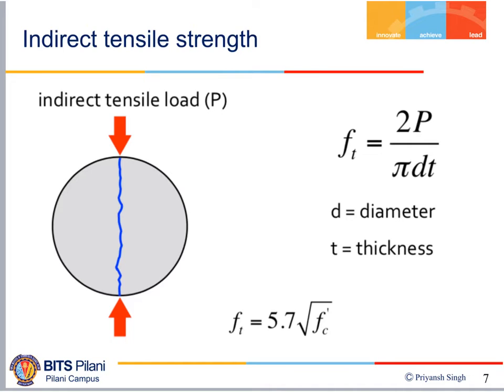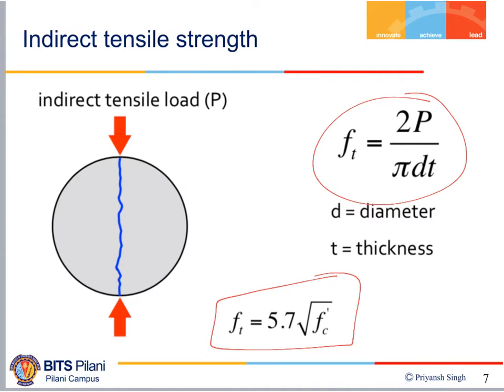In this test, the cylindrical sample is loaded diametrically and strength is determined using this expression, and this tensile strength is also very well correlated with the compressive strength of the sample by these empirical equations. So you can calculate the tensile strength of concrete more precisely by just calculating its compressive strength.